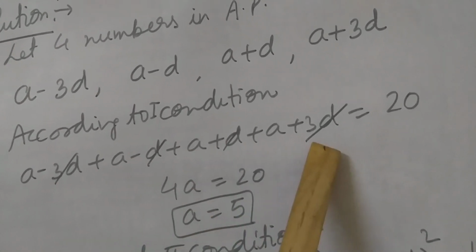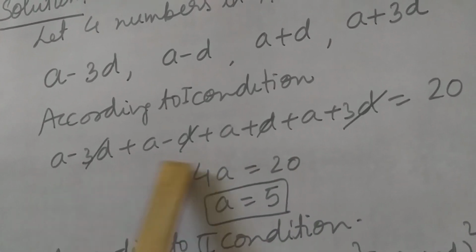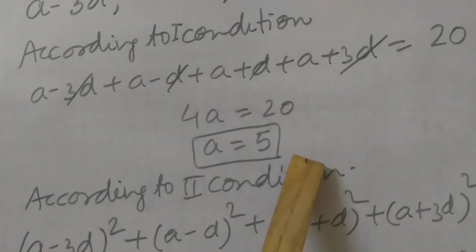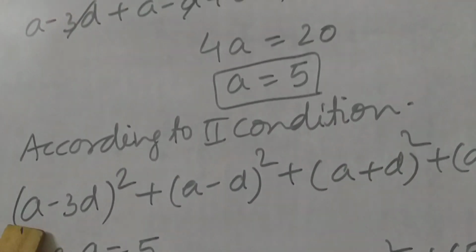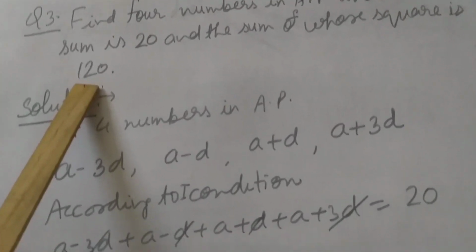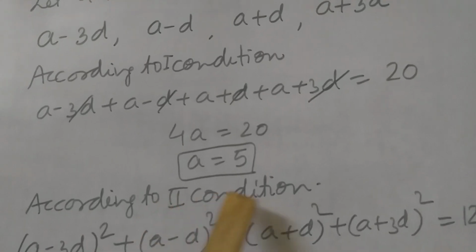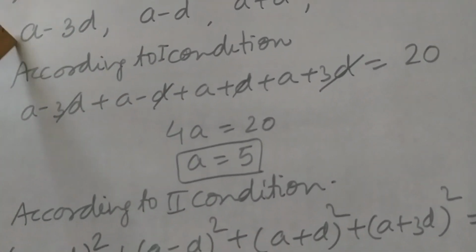Minus D plus D cancel. Minus D plus D cancel, student. 4A equals 20, A equals 5. Now, student, according to the second condition, it is given that the sum of their squares is 120. So according to the second condition, we have to make squares.